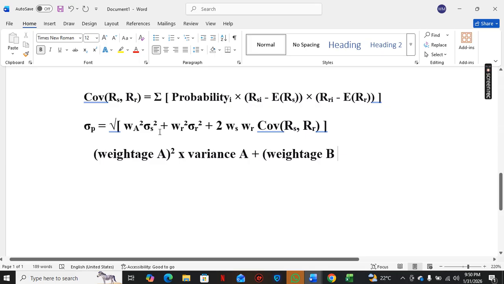This variance is just like the standard deviation squared, okay colleagues? Variance is the standard deviation squared, and we already calculated it when we were getting the standard deviations for each of the portfolios, okay?